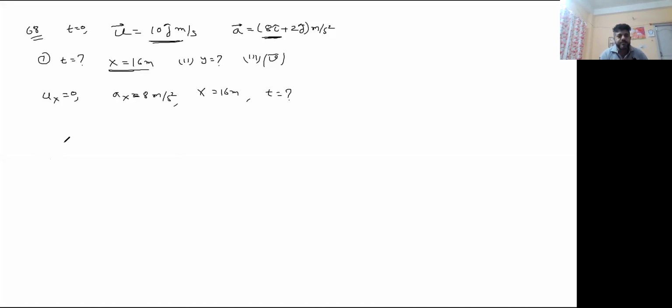Tell me. S equals uxt plus half axt square. Yes or no? ये सब पहले हो गया था. I just show you कि how to solve with the vector same thing. Yes or no? Tell me fast.